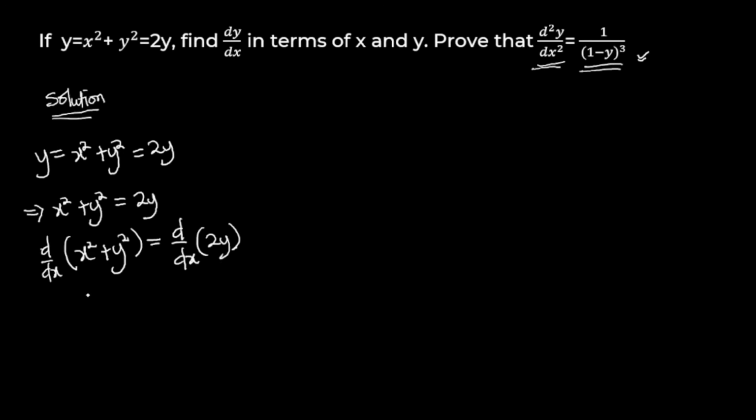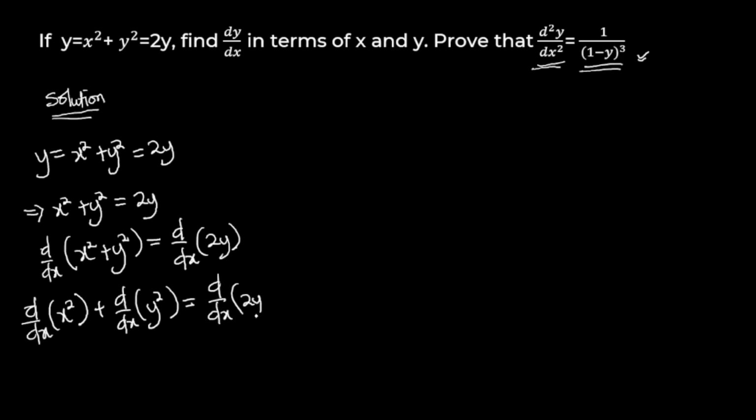From here, I can apply the d/dx to each of the terms in the bracket individually. So that becomes d/dx of x squared plus d/dx of y squared equal to d/dx of 2y. If we differentiate x squared, because we are differentiating with respect to x, we get 2x.